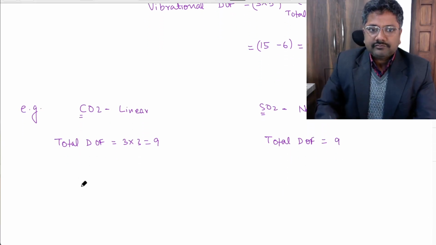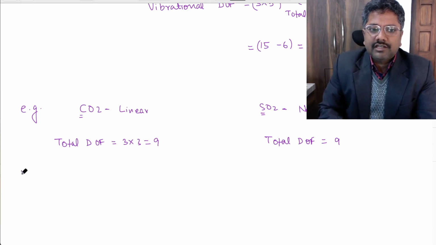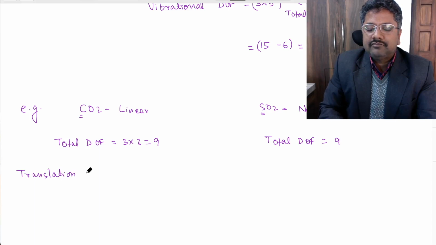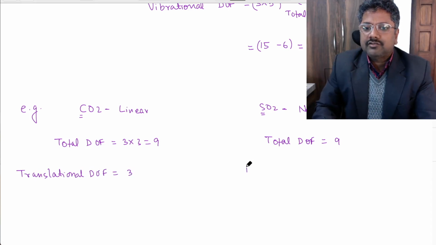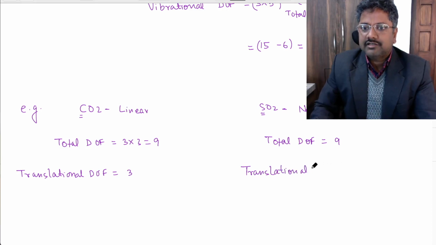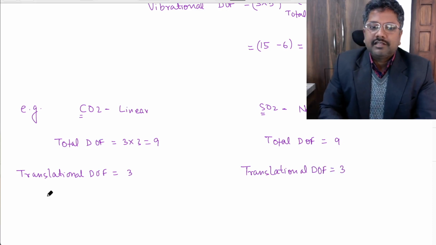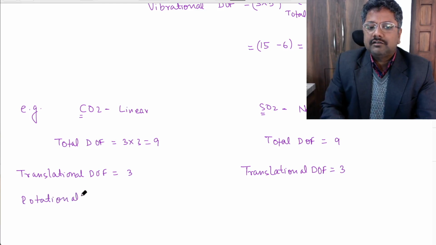Now translational degree of freedom is equal to 3, and here also translational degree of freedom is equal to 3. This is linear, so rotational degree of freedom is equal to 2.